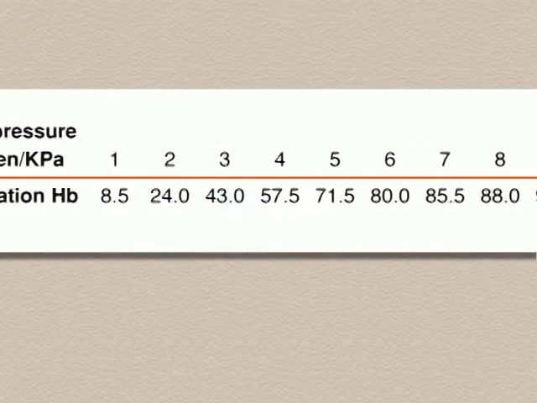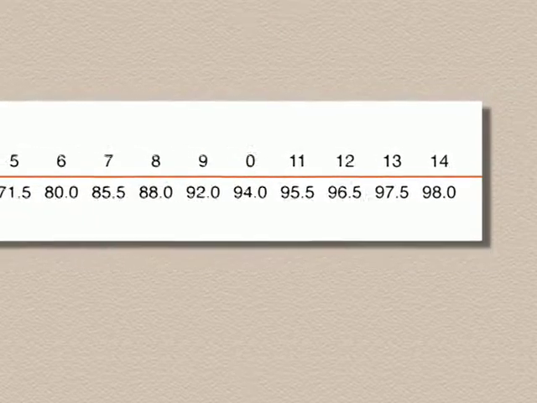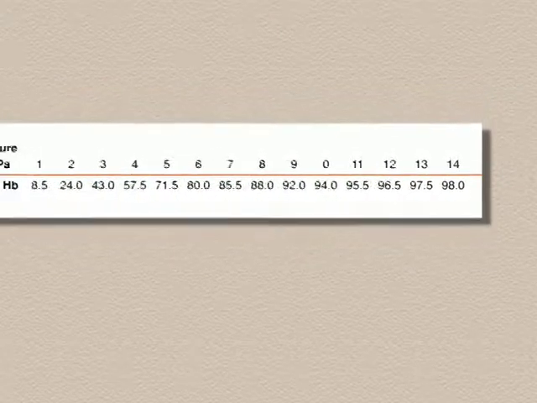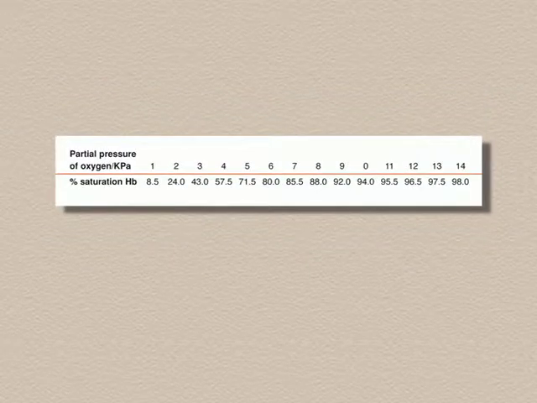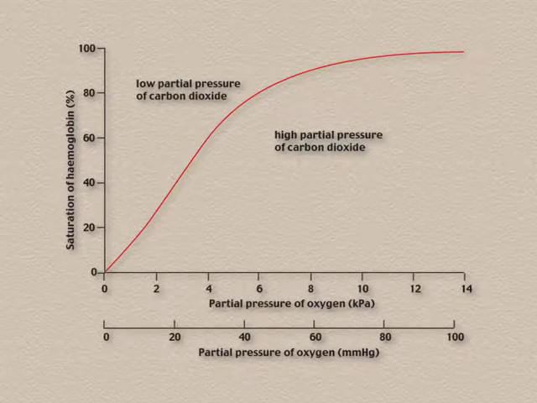This produces the S-shaped or sigmoid curve of the oxygen dissociation curve. The table shows the varying ability of hemoglobin to carry oxygen by showing the percentage saturation of hemoglobin at different partial pressures of oxygen. The graph of these data shows the sigmoid curve.